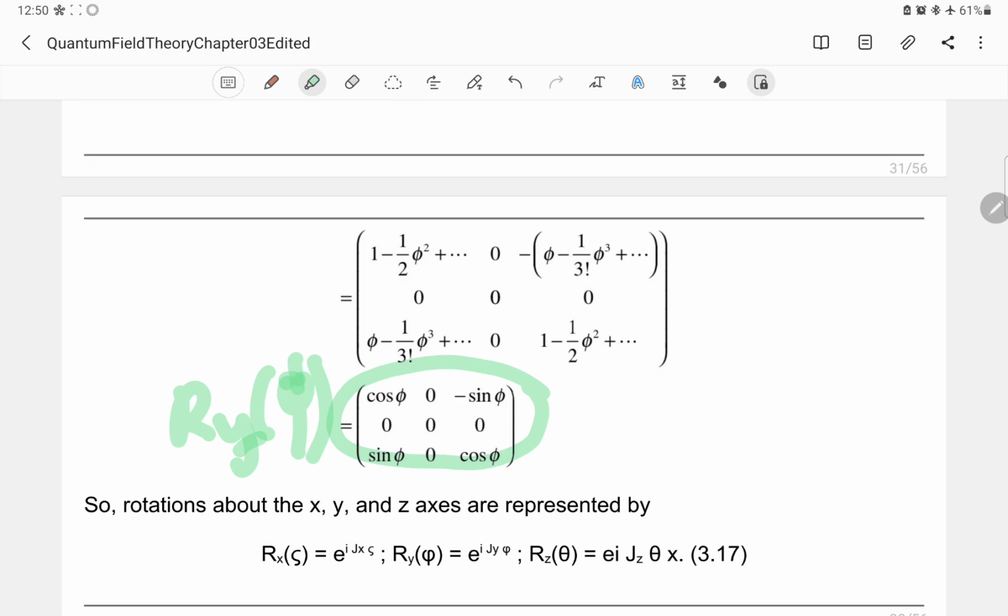So if you do the same for Rx and Rz, then this would just be this one. This one is exponential of i Jz theta. I mean theta, sorry.